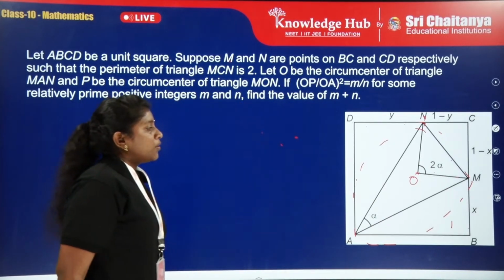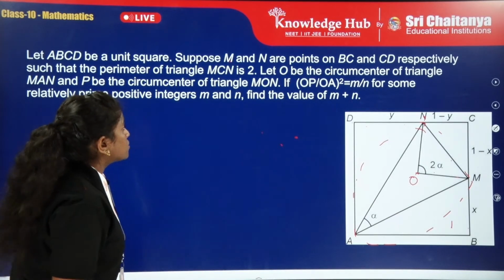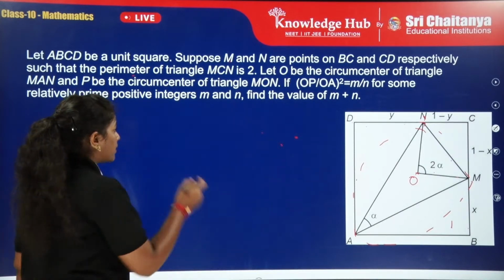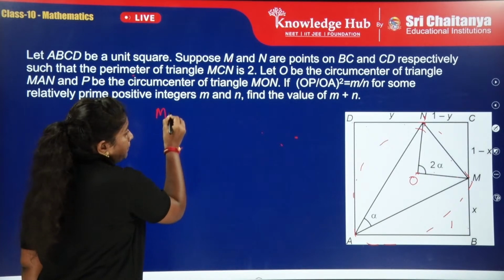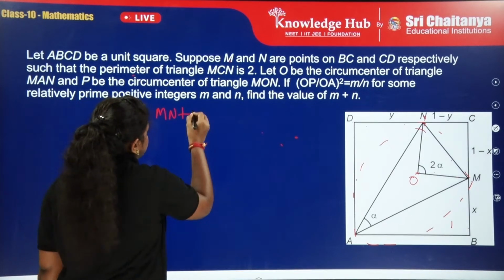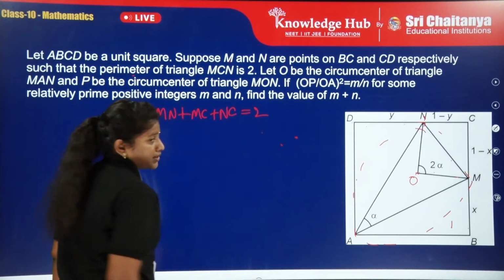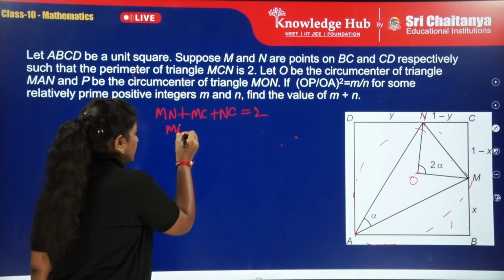Okay. So now let's see how we can solve this question with the help of the given information. First of all, take the perimeter of the triangle, which they gave as 2 units. So perimeter is MN plus MC plus NC, which equals 2. MN we don't know, so keep it as MN.